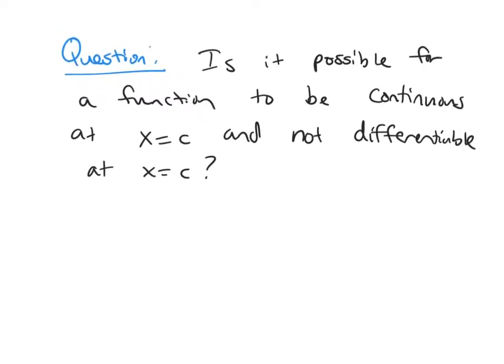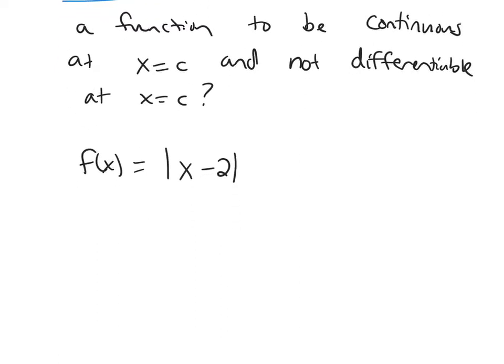So to answer this question, we're going to look at an absolute value function, the absolute value of x minus 2, and we're going to graph this function. So this is a translated version of the absolute value function.